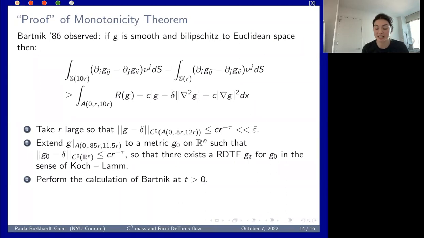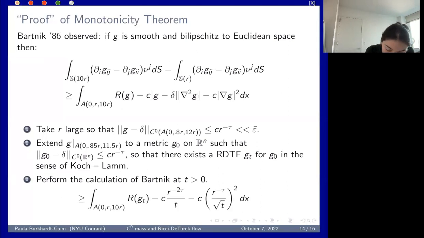And then I can find a Ricci-DeTurck flow starting from that extended metric. And then I can perform this calculation of Bartnik at the time t slice of the Ricci-DeTurck flow that corresponds to this extended metric. So now everything has t's on it. This is all happening at time t. And now I'm in a better position because I have a little bit of control on the derivatives.